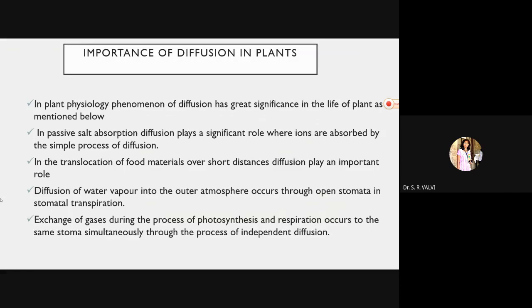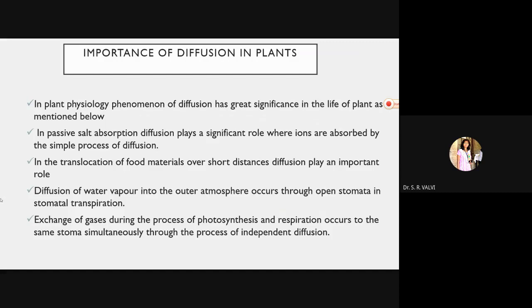Exchange of gases during the process of photosynthesis and respiration occurs through the same stoma simultaneously through the process of independent diffusion. Now see, here what happens in the process of photosynthesis as well as in respiration. Both of these processes are occurring simultaneously from the same stomata.